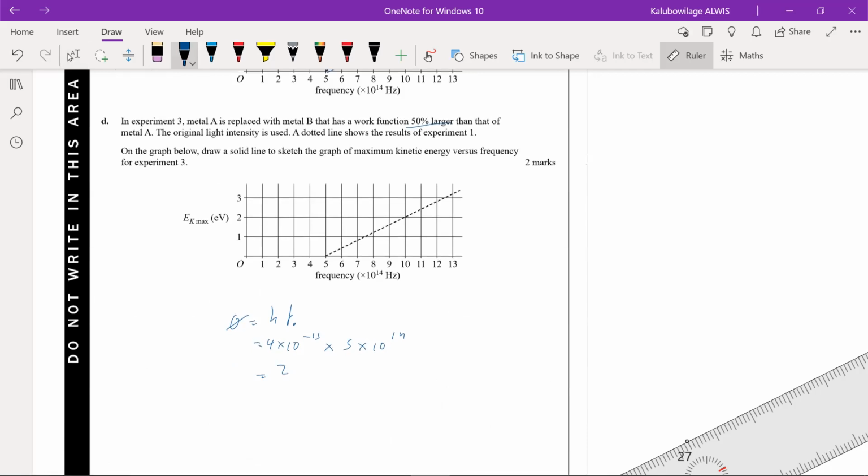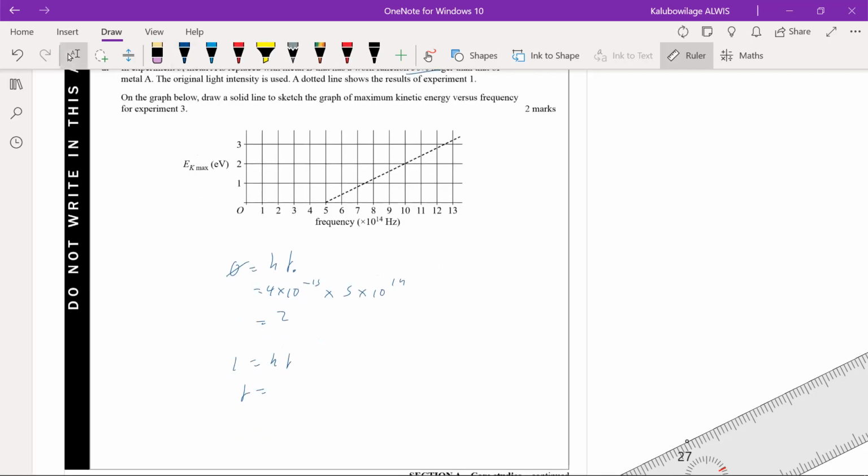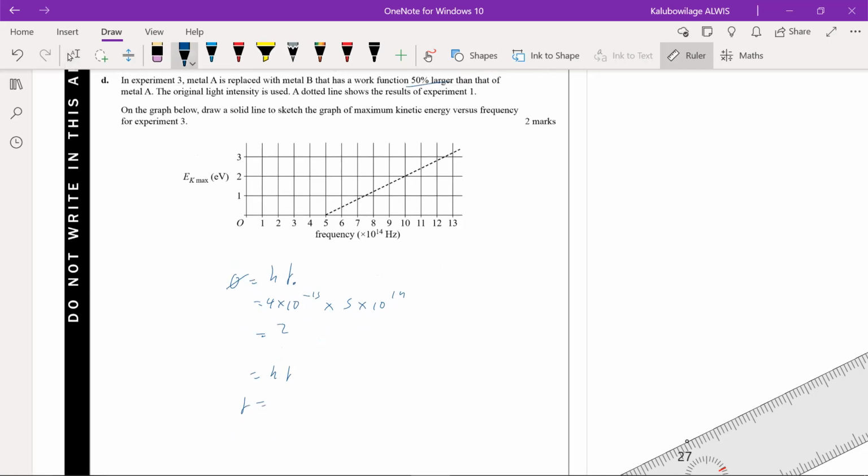And for a work function of 3, f0 comes to 3 divided by 4 times 10 to the power minus 15. So 50% larger, so 3.